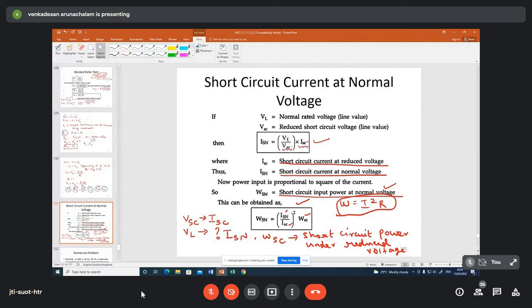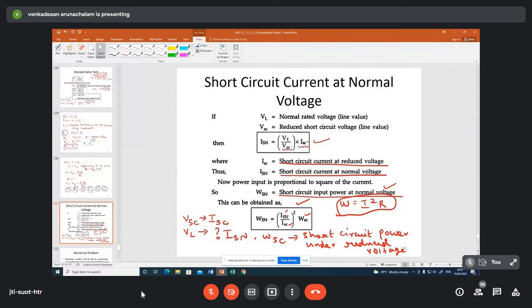But the short circuit current under normal voltage is not possible to find experimentally, because if we give rated voltage to the machine under short circuit condition, the current flowing in the machine will be very large. So practically it is difficult to measure, but we can predict that value.